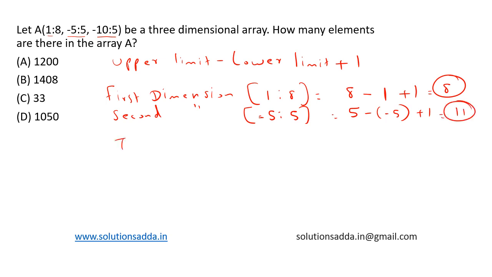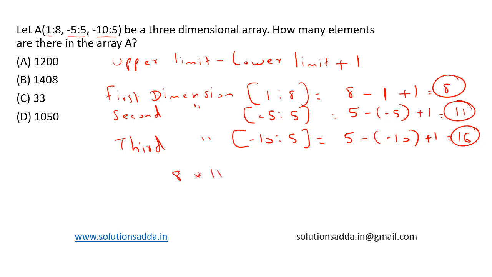And for the third dimension, we have minus 10 to 5. That is 5 minus minus 10 plus 1, which is equal to 16. So total number of elements is equal to 8 into 11 into 16, which is equal to 1408. So the total number of elements is option B, 1408.